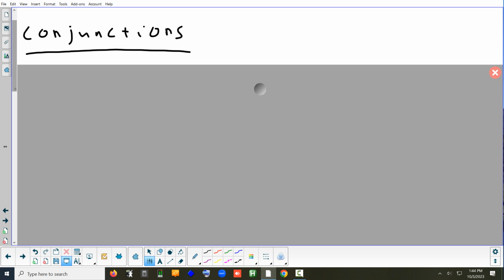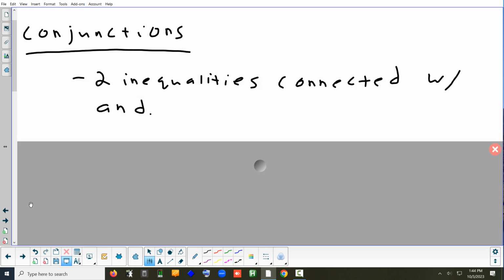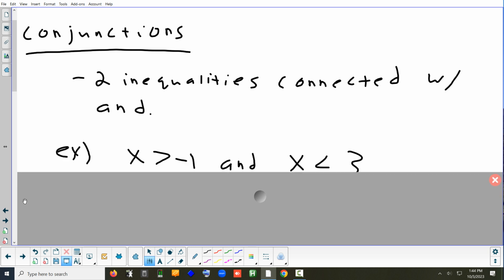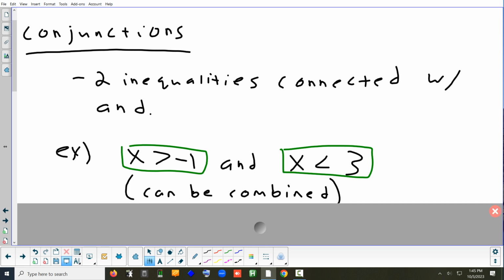So one type of inequality we're going to look at is a conjunction. And a conjunction is when you write two inequalities with the word and. Okay, that's a conjunction. X is greater than -1 and x is less than 3. Now, one thing we can do with a conjunction is we can take two separate inequalities and we can combine them into one.